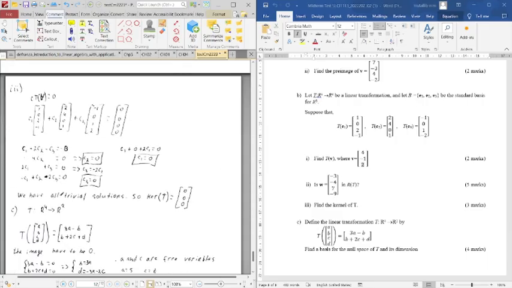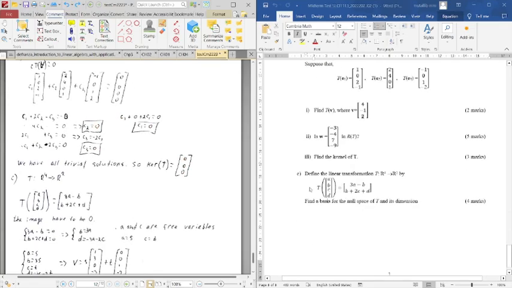When we calculate it, we get C1 equals 0, C2 equals 0 and C3 equals 0. So we can see that we have only the trivial solution. So the kernel of T will be just the zero vector, 0, 0 and 0, and the nullity will be 0. It's not asked, but the number of vectors in the basis of the null space is called the nullity.